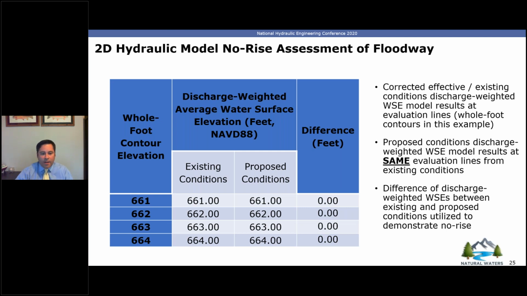And a caveat: we utilized the benefits of all the 2D model results and some of the features in SMS. There was a difference plot created that subtracted the proposed water surface elevations from the existing conditions water surface to look at local rises, and ultimately assured that there were no insurable structures within any kind of a rise.